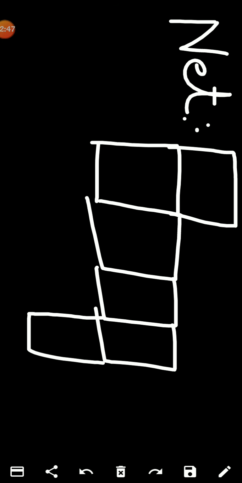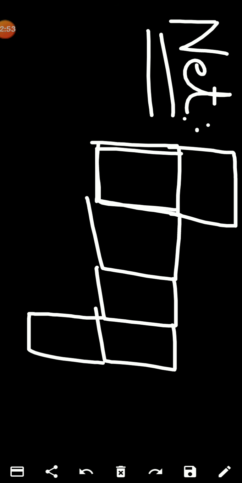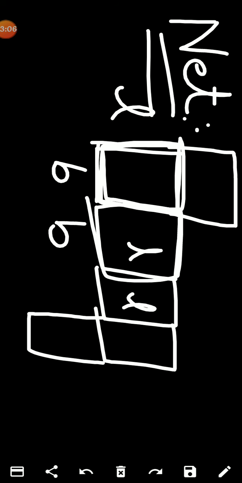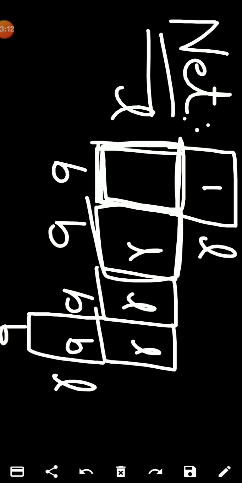So that is called the net of the three-dimensional figure. When we talk about this particular rectangle, it has a length and a breadth, and the next rectangle also has a length and a breadth. So all the rectangles present here have a certain length and a breadth.